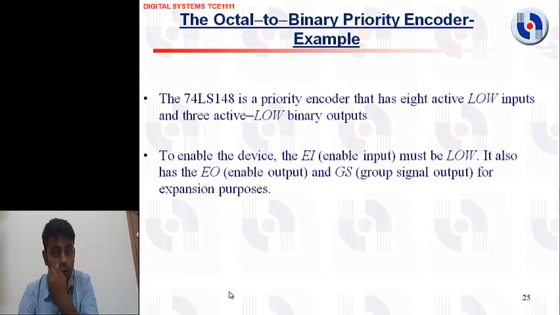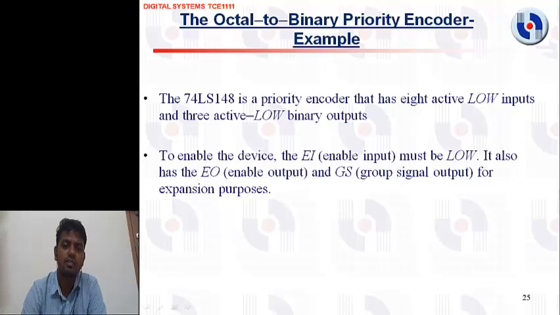The octal to binary priority encoder example. The 74LS148 is a very widely used priority encoder that has 8 active low inputs and 3 active low binary outputs. To enable the device, the EI, meaning enable input, must be low.